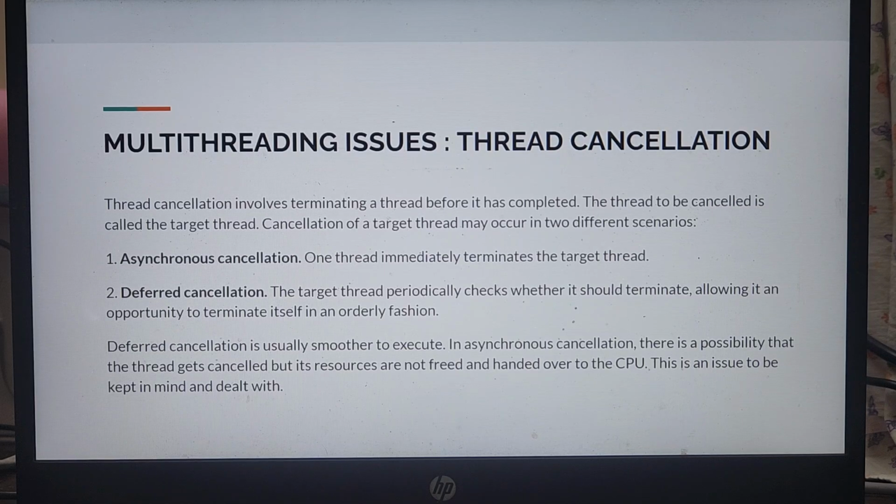In the hurry or in the rush, it is possible that the resources are not freed up, the context switch does not happen, the process control block is not updated, something might go wrong, there is a possibility. So this is an issue we have to keep in mind and deal with when we have asynchronous cancellation. Again, we are not looking at the solutions to this issue, although there are solutions. This is just something that exists and we need to be aware of.